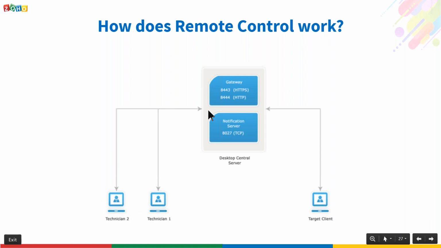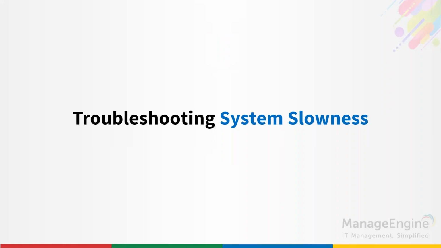Since the session is already active, the gateway is just going to share the existing image files with technician 2 as well. So that's how two technicians can share the same screen. All right, trust this is clear. So let's move on to the next real-time example.